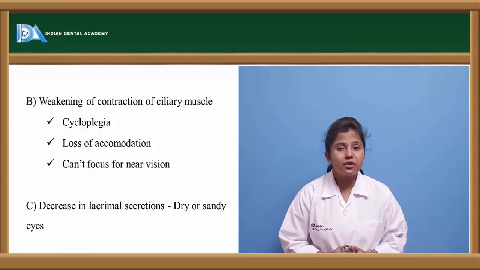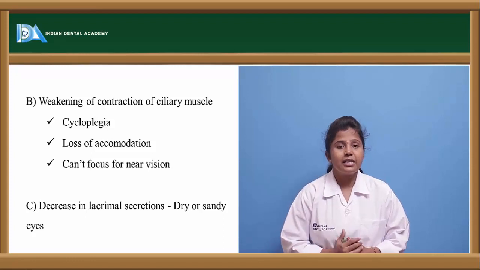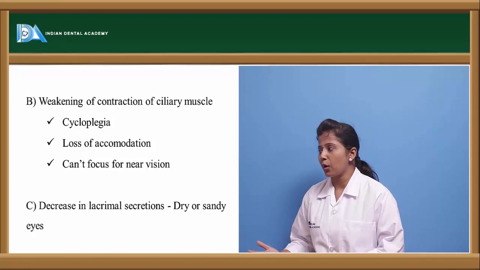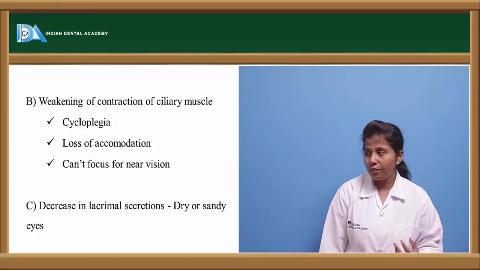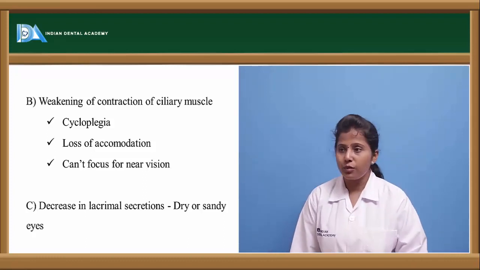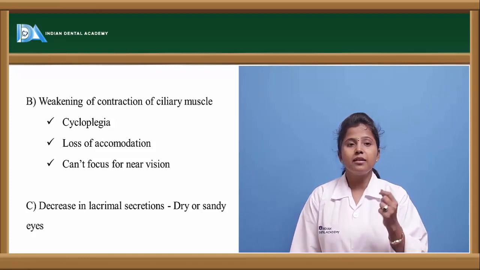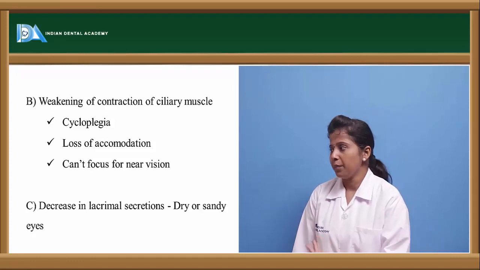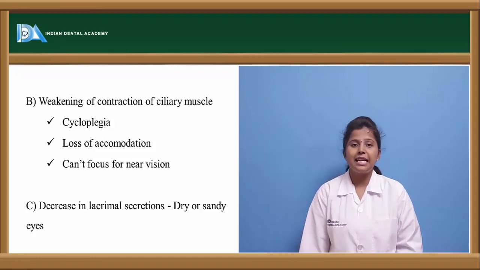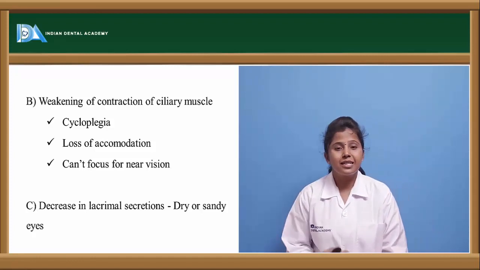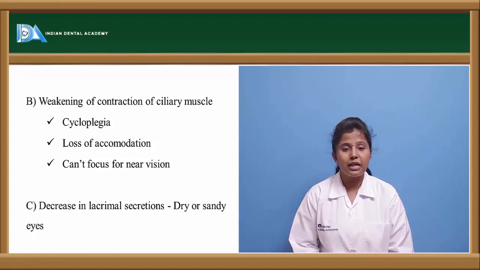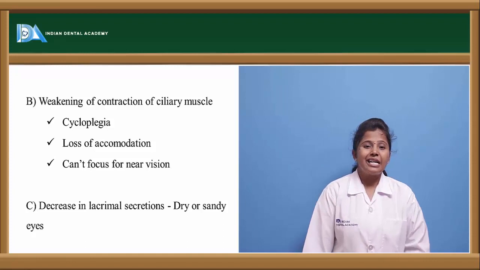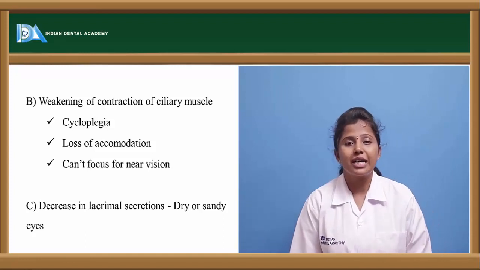If paralysis of the ciliary muscles takes place, the vision will be blurred and there will be loss of accommodation; the person cannot see objects that are very close. It also causes a decrease in lacrimal secretions. The secretions from the lacrimal glands in the eye are reduced, thereby leading to dry eyes.